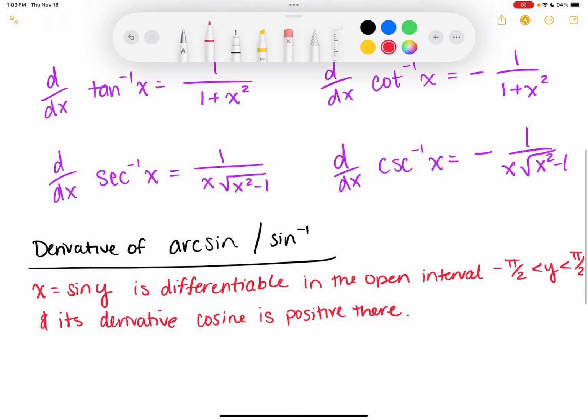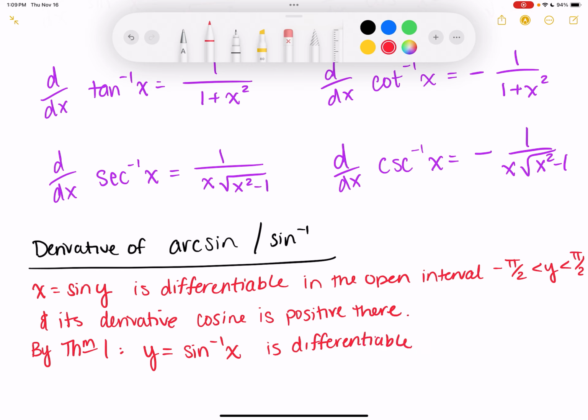So, by theorem 1, y equals the inverse sine of x is differentiable through negative 1 less than x less than 1.